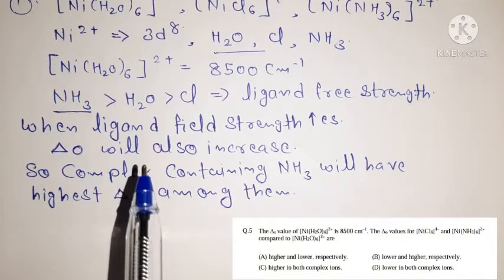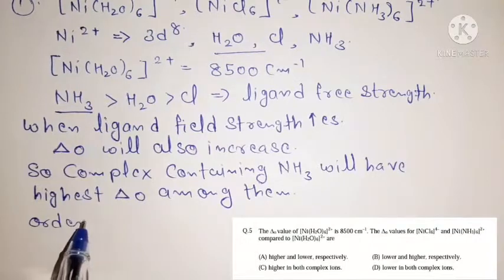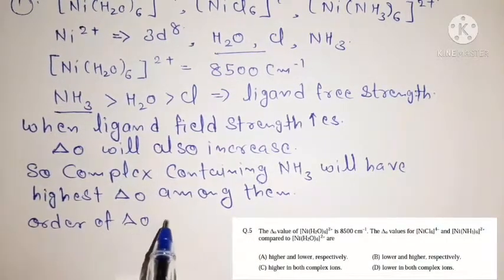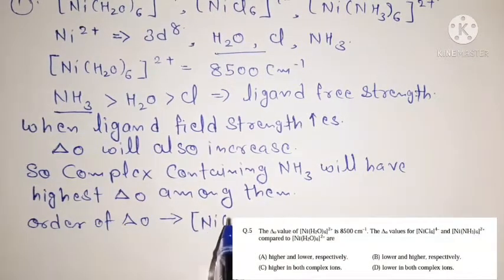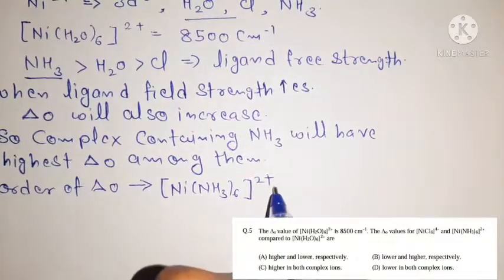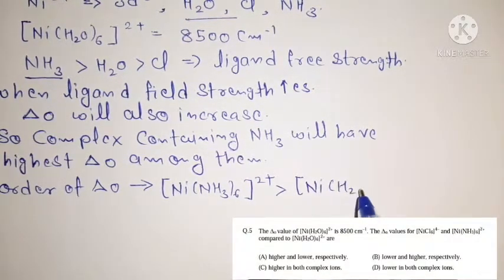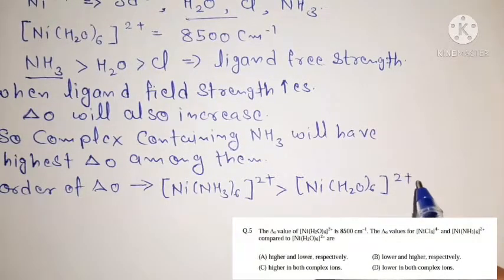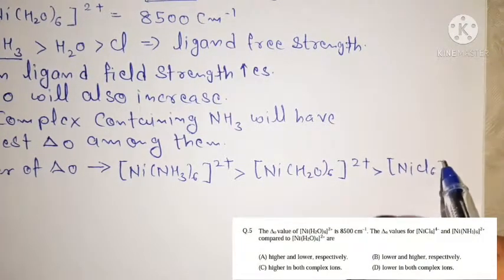Okay, so what is the order of del O for these complexes? The order of del O will be this. The highest value of del O is for this complex containing NH3, then this, and then the least value is for NiCl6 4-.